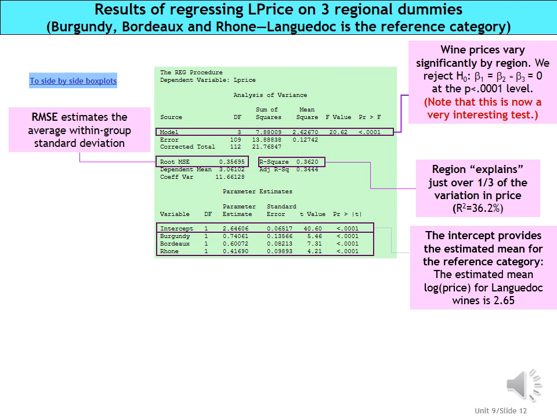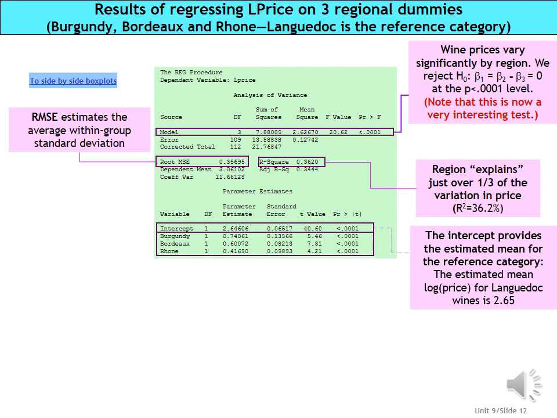The intercept provides the estimated mean for the reference category, which is the Languedoc. The estimated mean log price for Languedoc wines is 2.65 in logarithmic values. We can convert that into dollars, e to the power of 2.65, which is less than about $15. So the intercept has a meaning here.